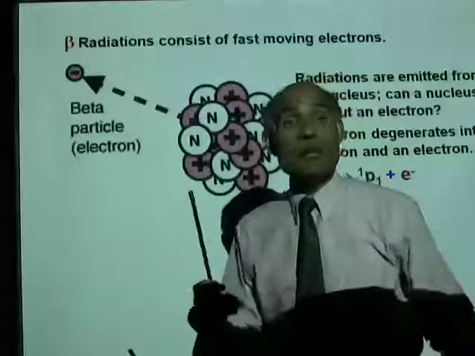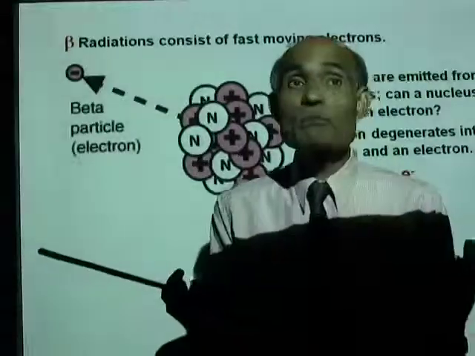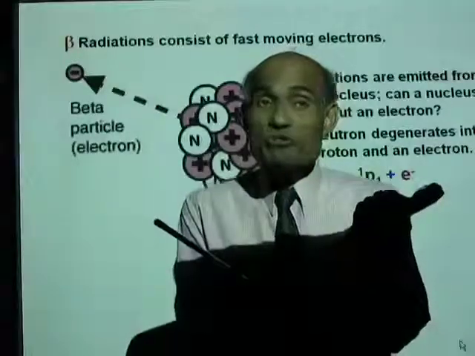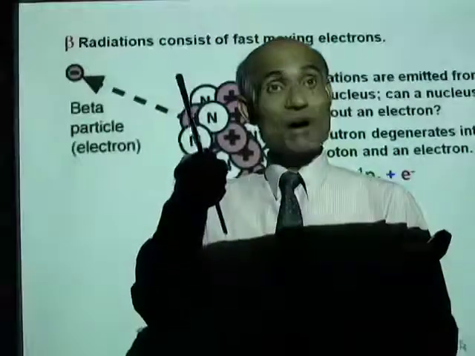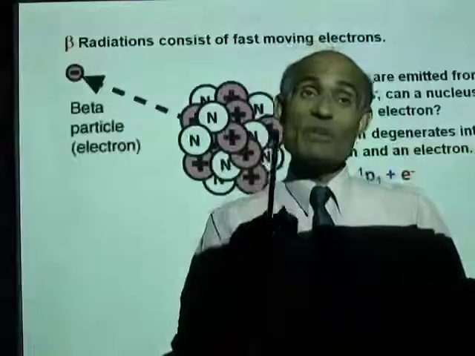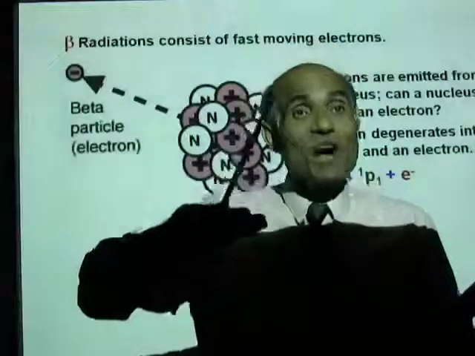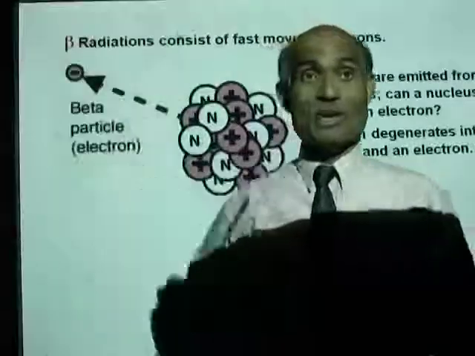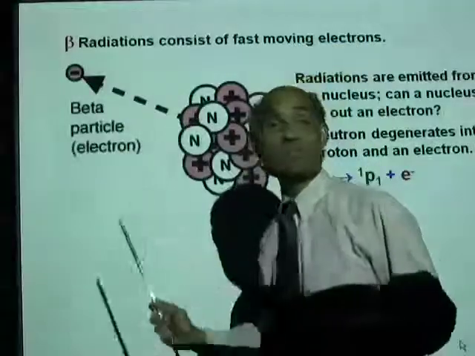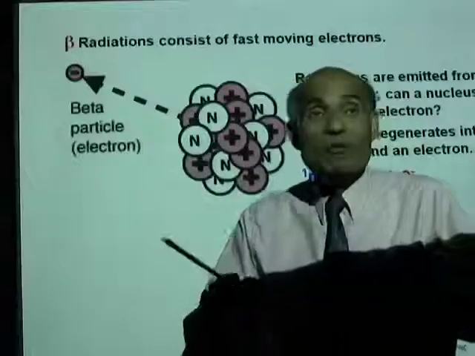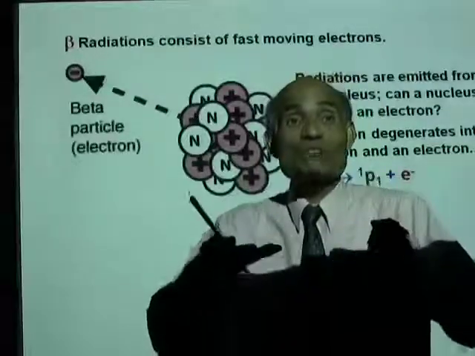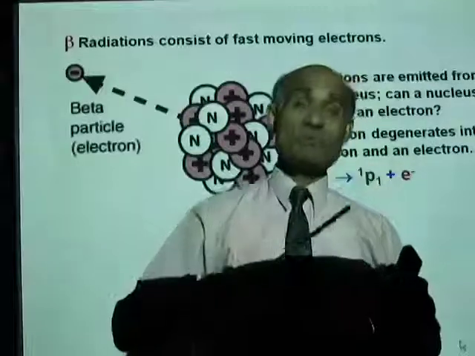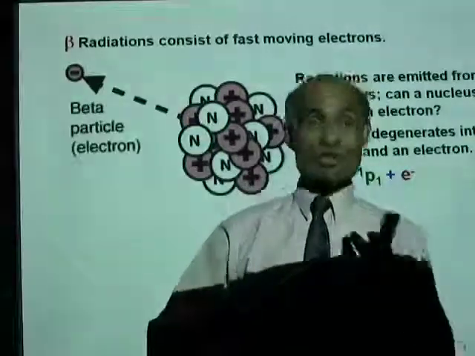Now that means an important change has happened to the nucleus. What is that important change? In place of a neutron, now you have a proton. When you have an additional proton, the atomic number will increase by 1. So, as a result of a beta emission, the atomic number of the remaining nucleus is 1 unit greater than the atomic number of the original element.